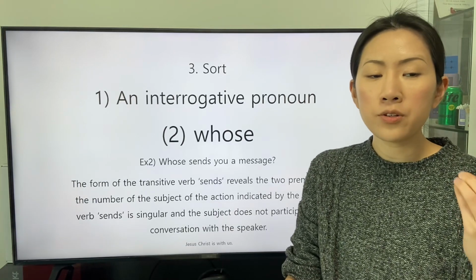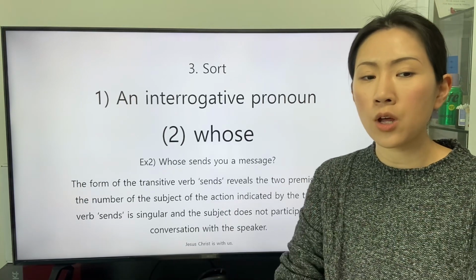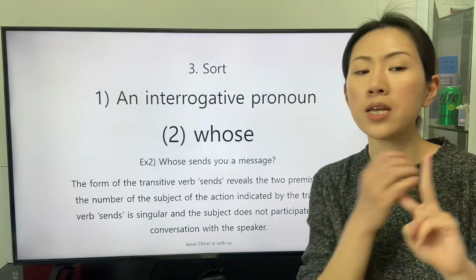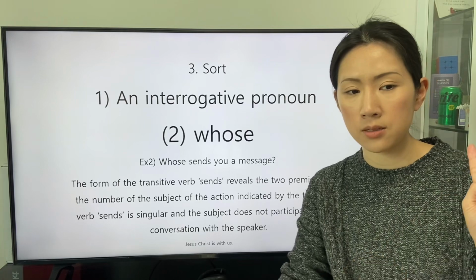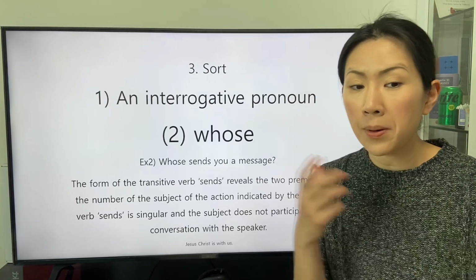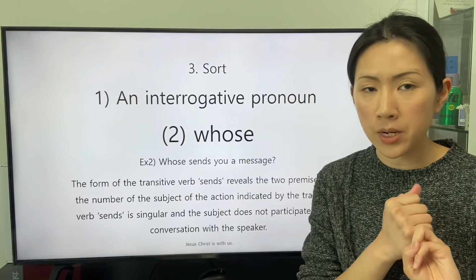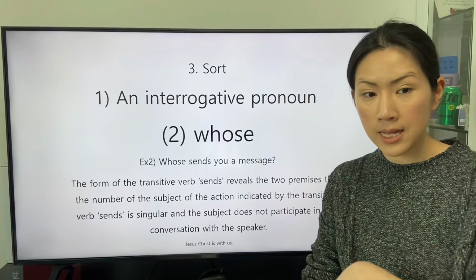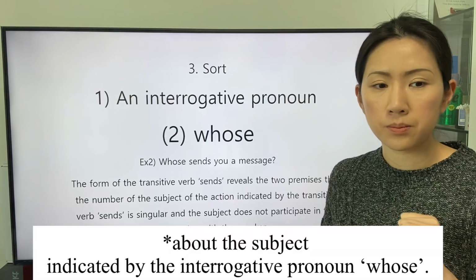The form of the transitive verb send reveals the two premises: that the number of the subject of the action indicated by the transitive verb send is singular, and the subject does not participate in the conversation with the speaker. The suffix s reveals these two premises.